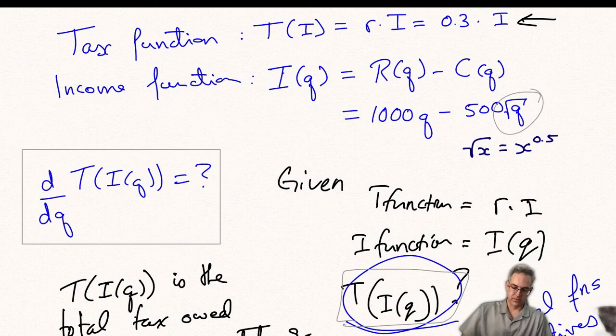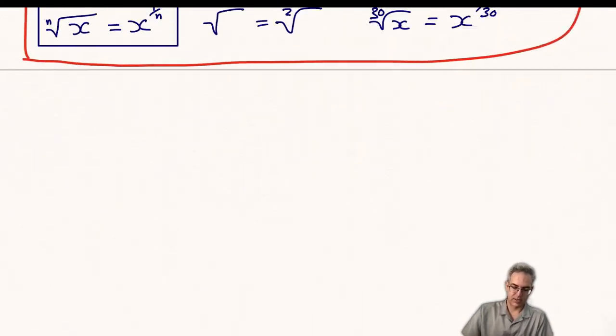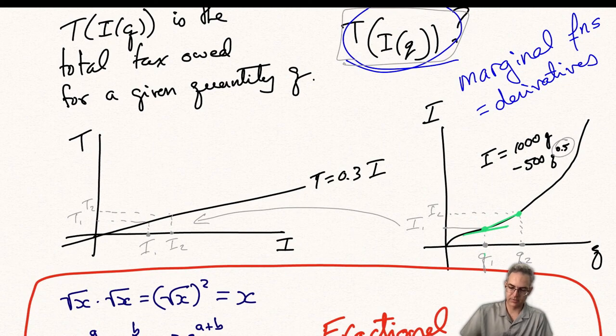So we have a composition of functions. Okay, let's skip past our fractional powers. We have these graphs here. So we understand how quantity leads to an amount of tax. And when you look at the graph of income versus quantity, it's kind of obvious. If we are in this area here, the income grows slowly with quantity, slower than up here. Once I'm making more quantity, adding a little bit more gives me much more income. So I would like to be over here for quantity, if I was a business.